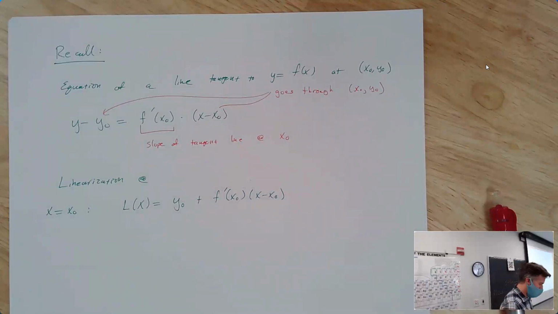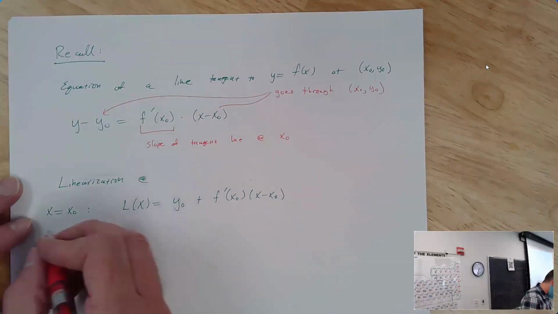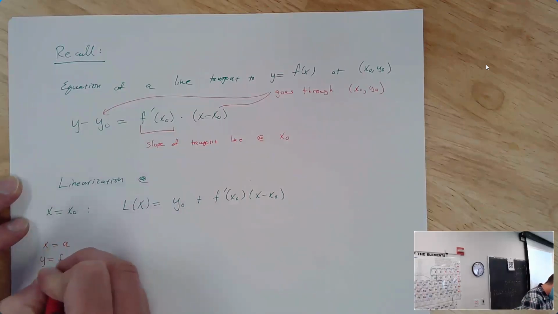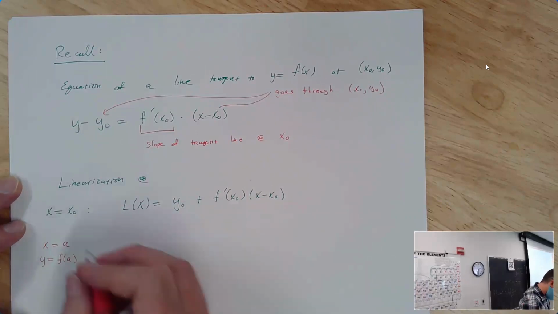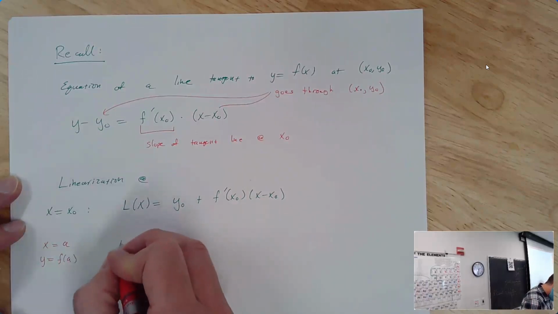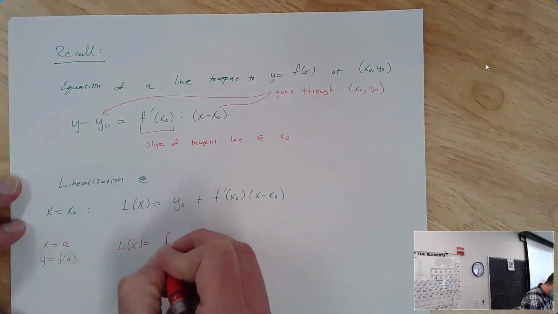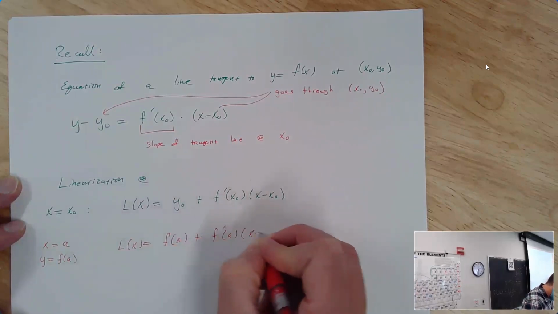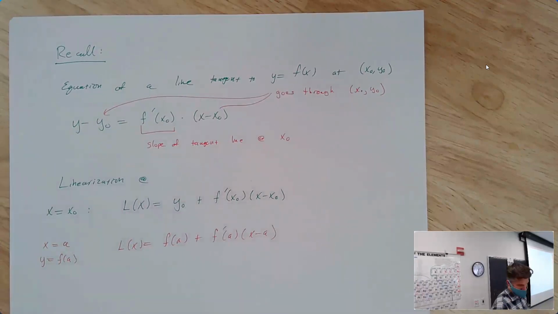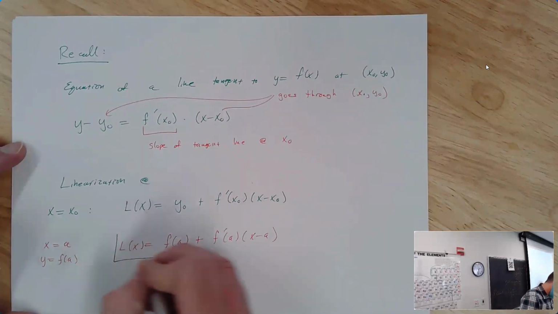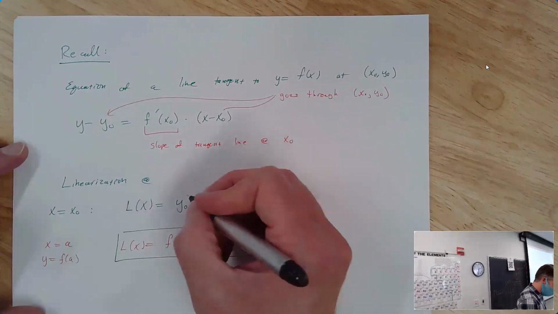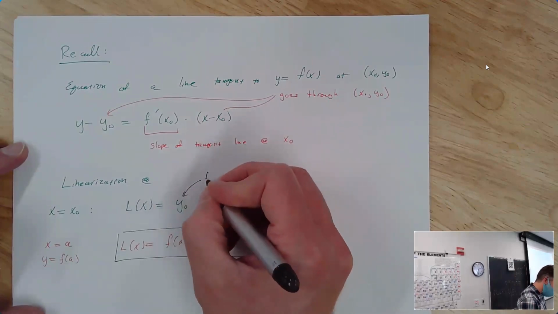Or if we're linearizing at the point x equals a, y equals f of a, then we're going to get L of x equal to f of a plus f prime of a times x minus a. And for whatever reason, this is the standard way of writing it, although this is also perfectly fine. If you want to, you'd be like, hey, James, isn't that just f of x naught? And I'd say, it totally is.